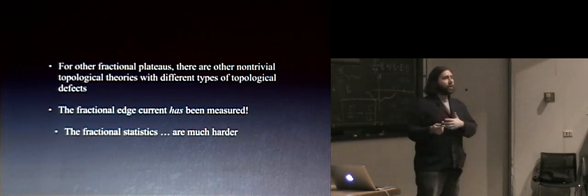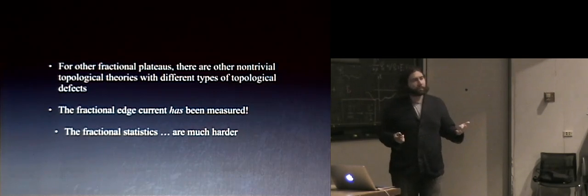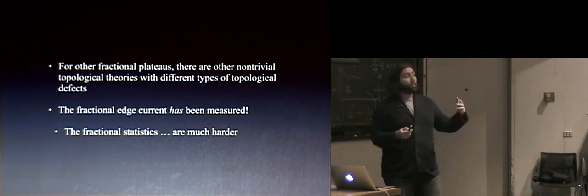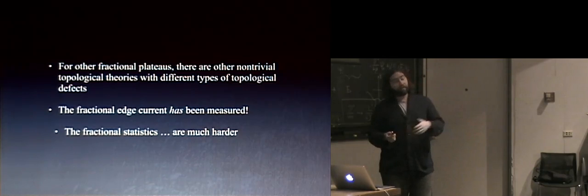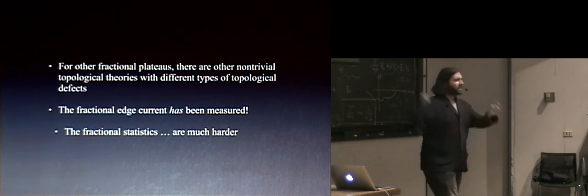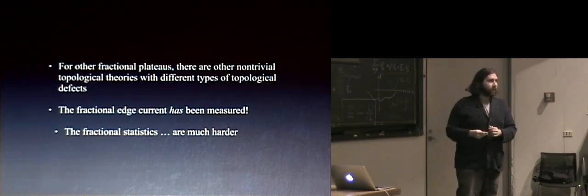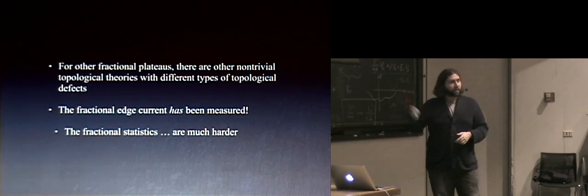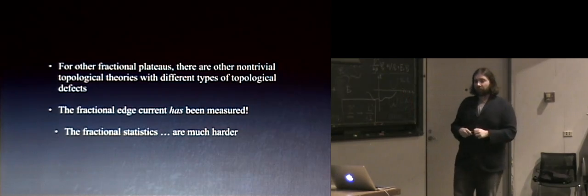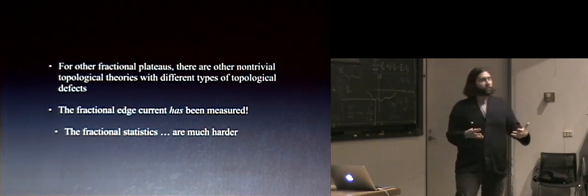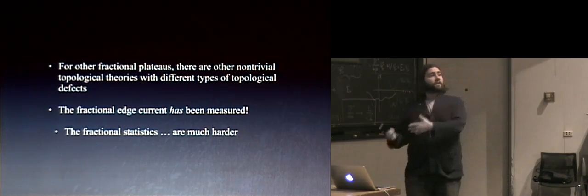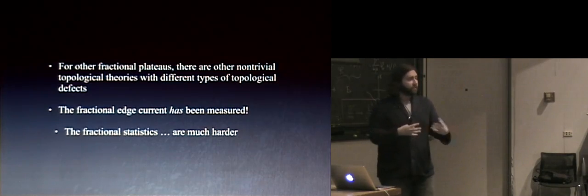For the 1/5 state, you won't be surprised to learn that you get something that has charge 1/5 of an electron, and its statistics are -1 to the 2/5 instead of 2/3. But that's because, again, you can write down the wave function. There are lots of plateaus where we don't know exactly what the wave function is. And so you can write down different topological theories that would give you the same, say, Hall resistances, but might look different in other ways.